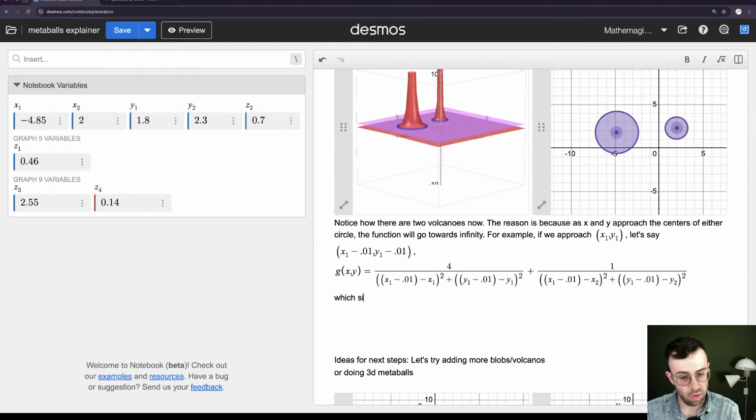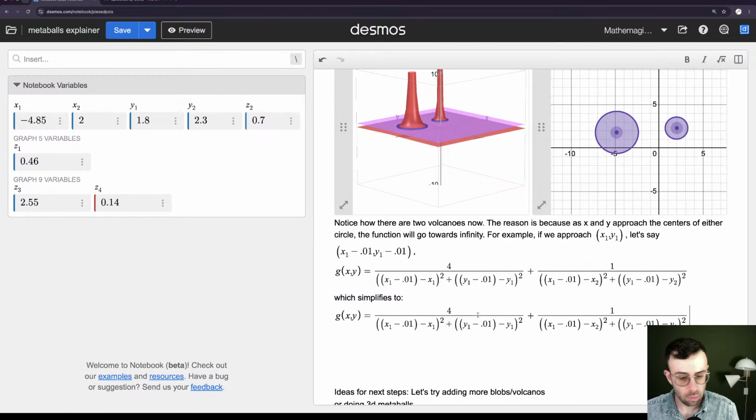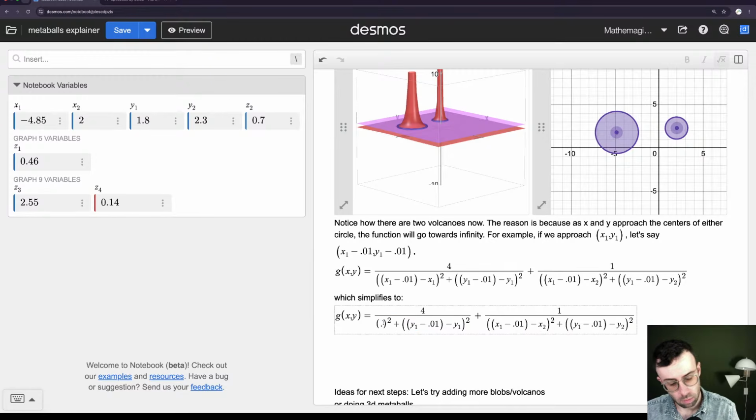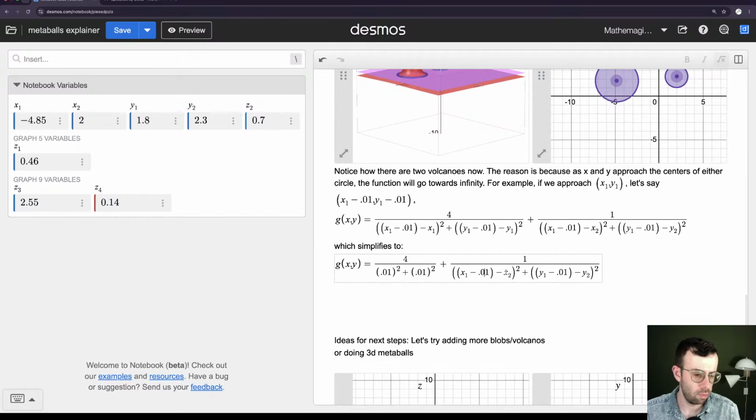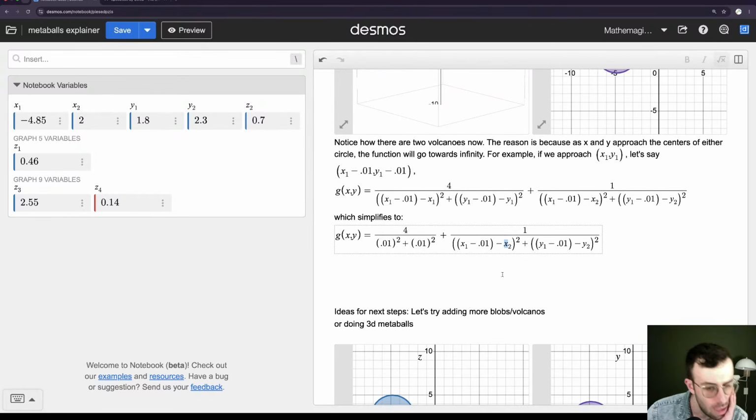Which simplifies to... yeah, I should use actual numbers.